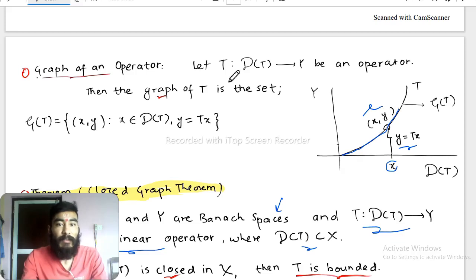Similarly, for the operator T from D(T) to Y, its graph G(T) is the set of ordered pairs (x, y) such that x belongs to the domain and y is the image of x. So this is the graph of the operator T.